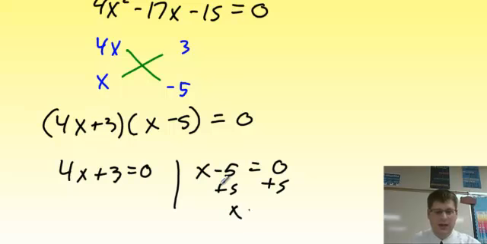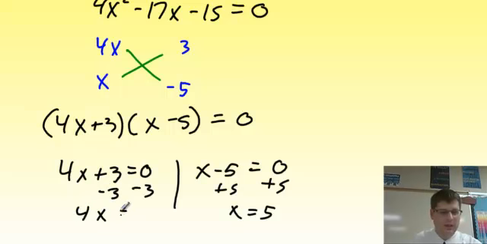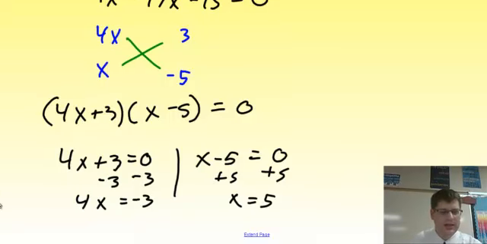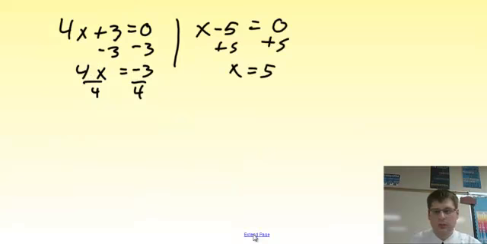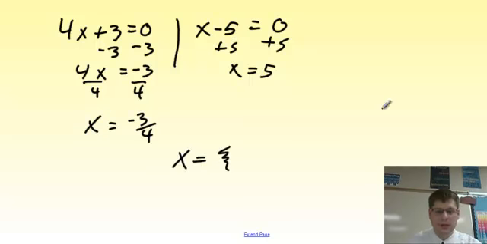So this one I'm just going to add 5 to both sides, so x equals 5. Here I'm going to subtract 3, so 4x equals negative 3, and then I'll divide by 4 like so, and that's just going to leave me with x equals negative 3/4.